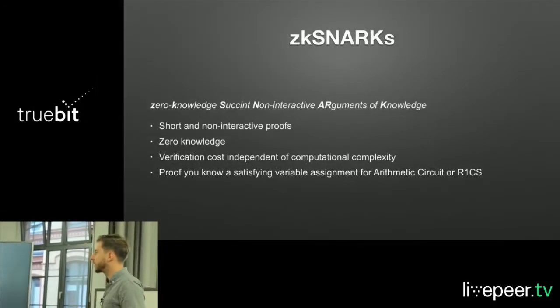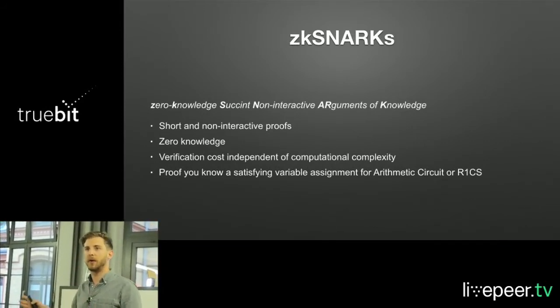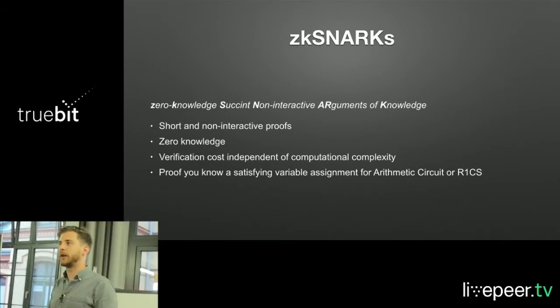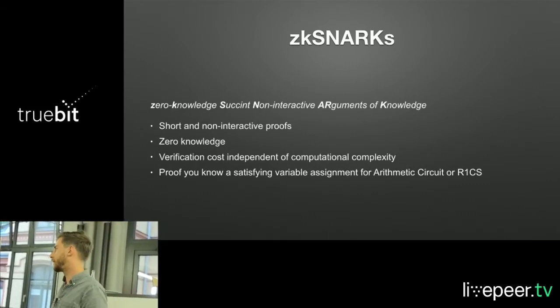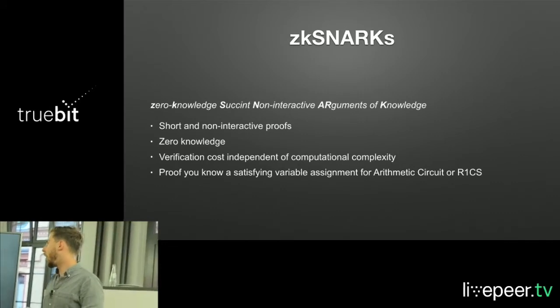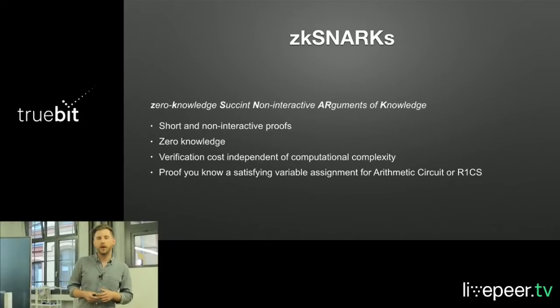So first, zkSNARKs, because that's the underlying mechanism we use, so I have to introduce it very briefly. zkSNARKs are a special type of zero-knowledge proof, and it stands for zero-knowledge, succinct, non-interactive argument of knowledge. A key property is that these proofs are very short.